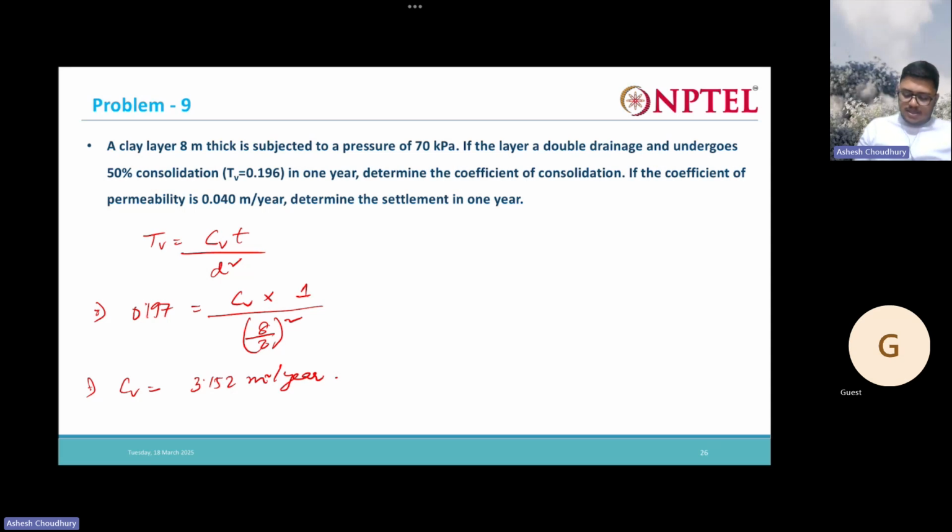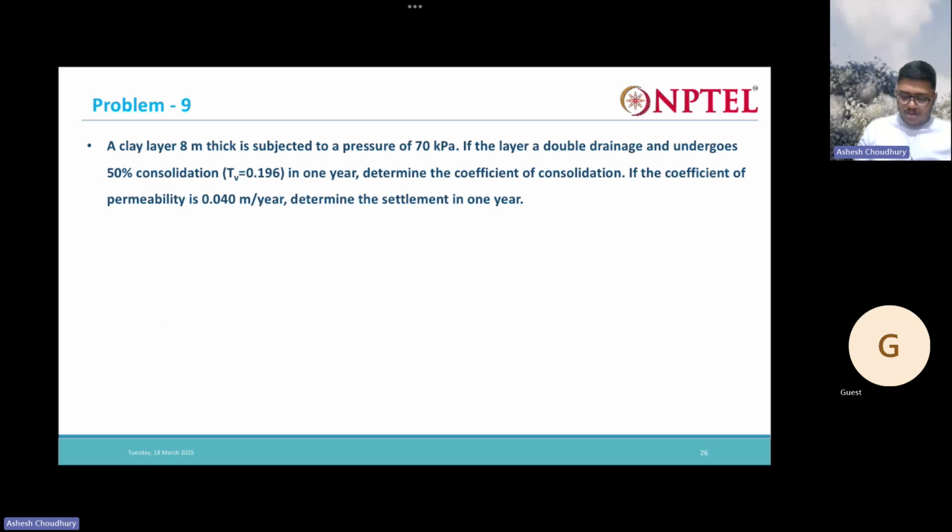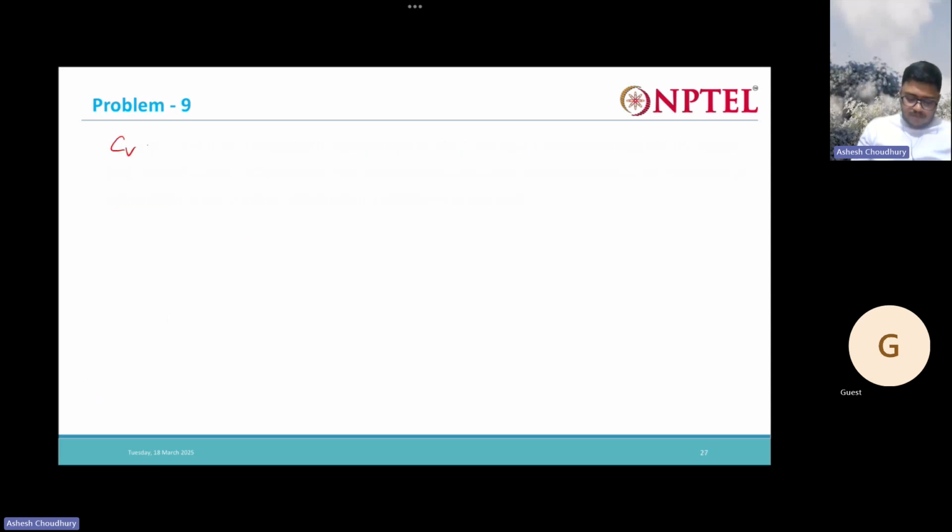Next is, if the coefficient of permeability is this much, determine the settlement in 1 year. Now, CV is K by MV gamma W. So from here I can get MV.